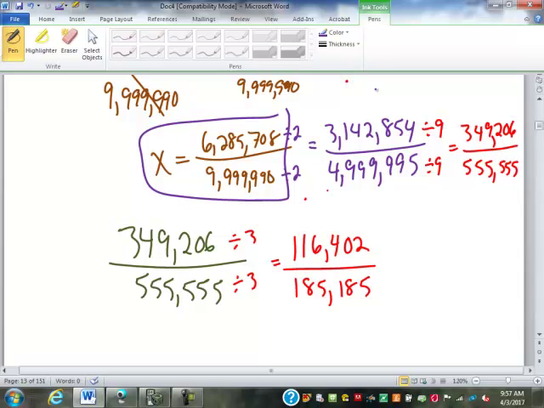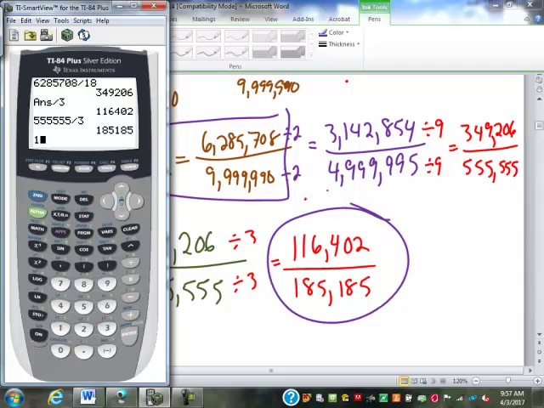Now, can either of those be reduced? I think that is it. I think we are done there. Here, we'll double check.